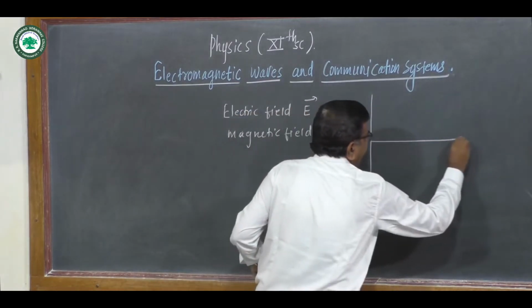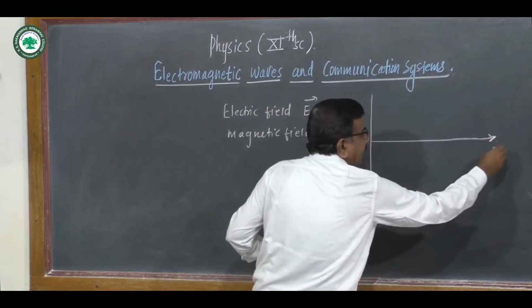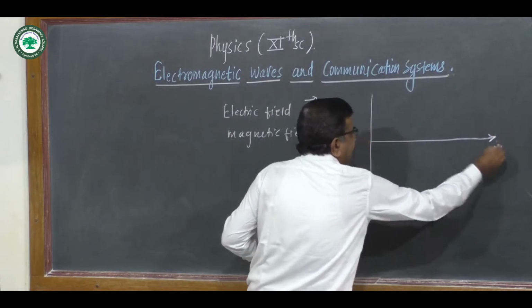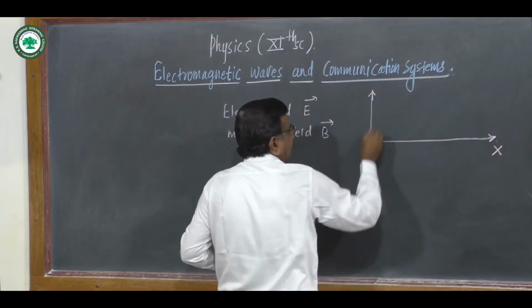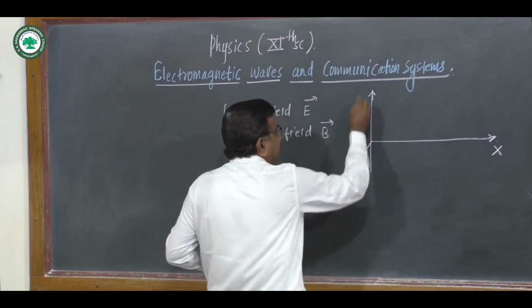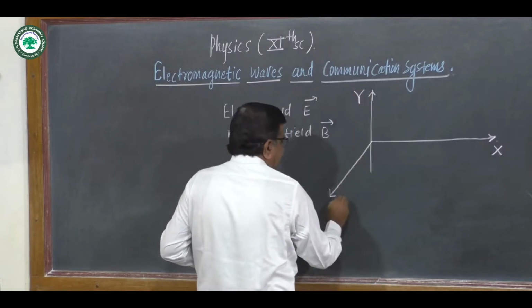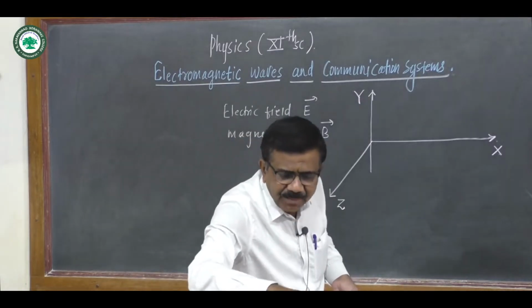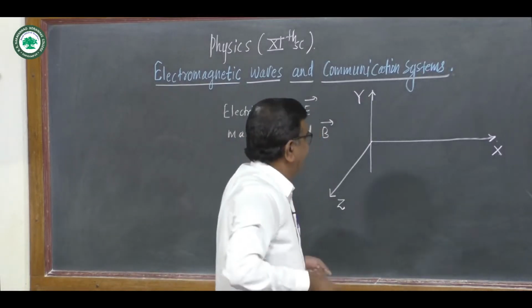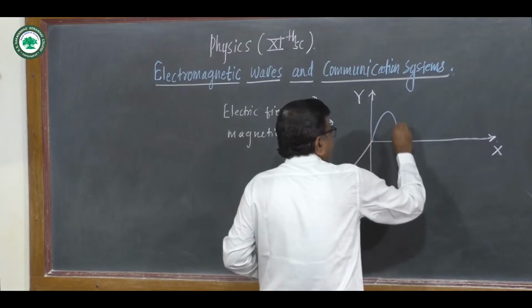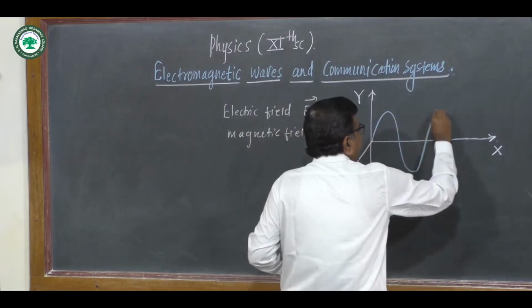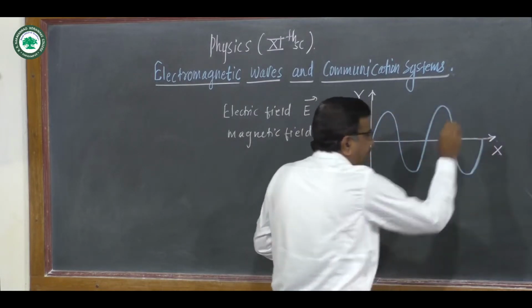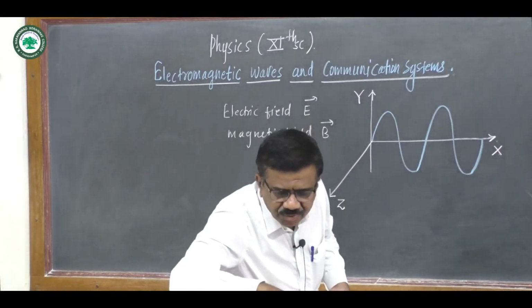Suppose this is the EM wave traveling along the x-axis, this is the y-axis, and this is the z-axis. It consists of electric and magnetic field vectors which are perpendicular to each other and perpendicular to the direction of propagation.